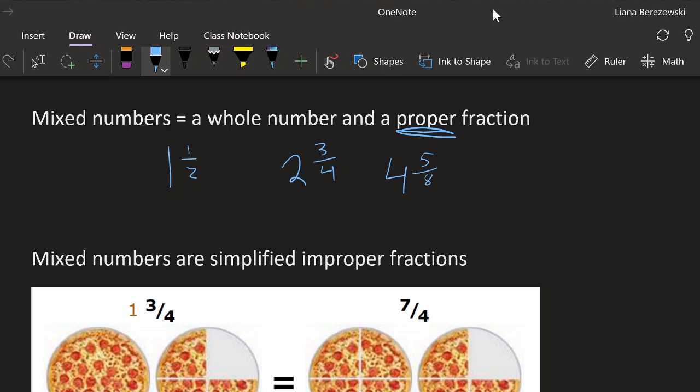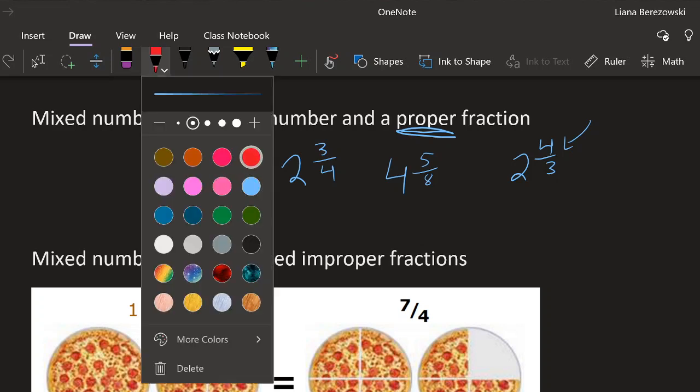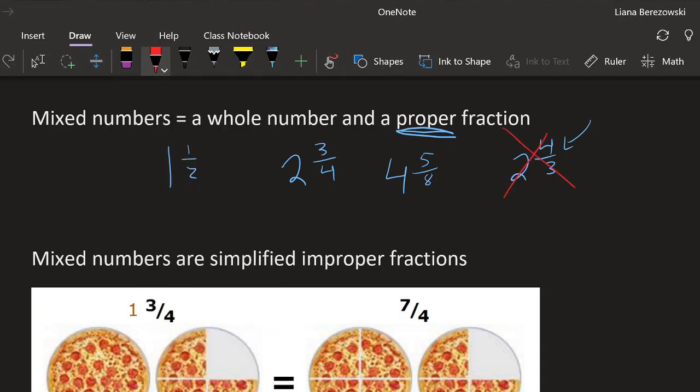Okay, something like this. So let's say it was 2 and 4/3. This would not be a mixed number because this is not a proper fraction, right? The numerator is bigger than the denominator, so that would be an improper fraction, okay? If we remember our definition of a mixed number, it has to be a whole number and a proper fraction, okay? So this one would not be a mixed number.